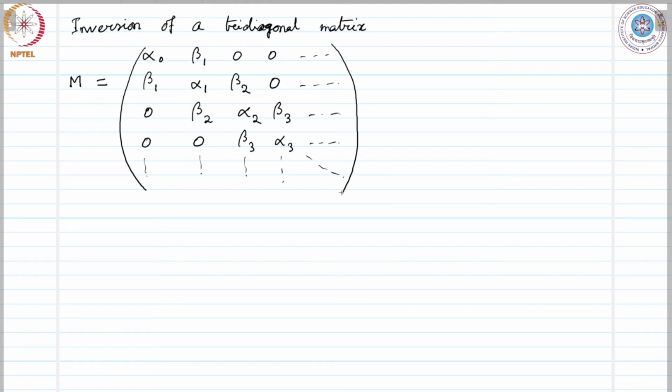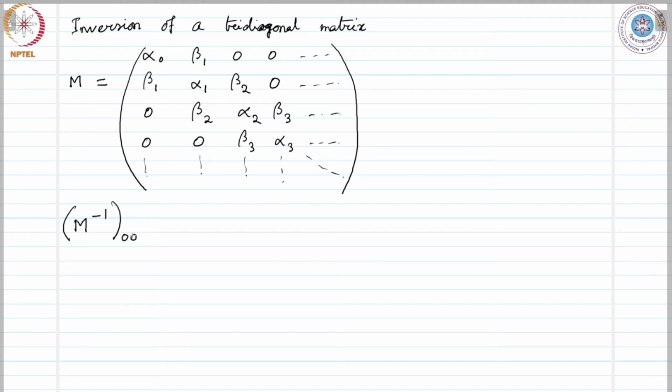For simplicity, we consider the rank of the matrix to be finite but arbitrarily large. If we call the inverse of this matrix M inverse, then we are primarily interested in finding the explicit expression of the elements in here. Let's consider the first element, M inverse 0, 0.